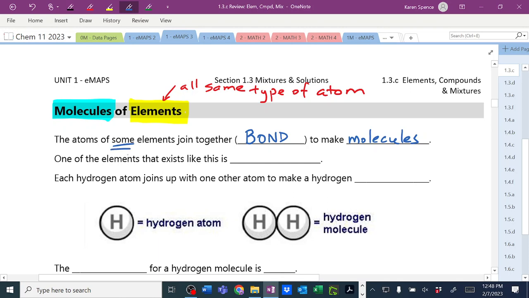One of the elements that exists like this is hydrogen. Each hydrogen joins up with one other hydrogen atom to make a hydrogen molecule.